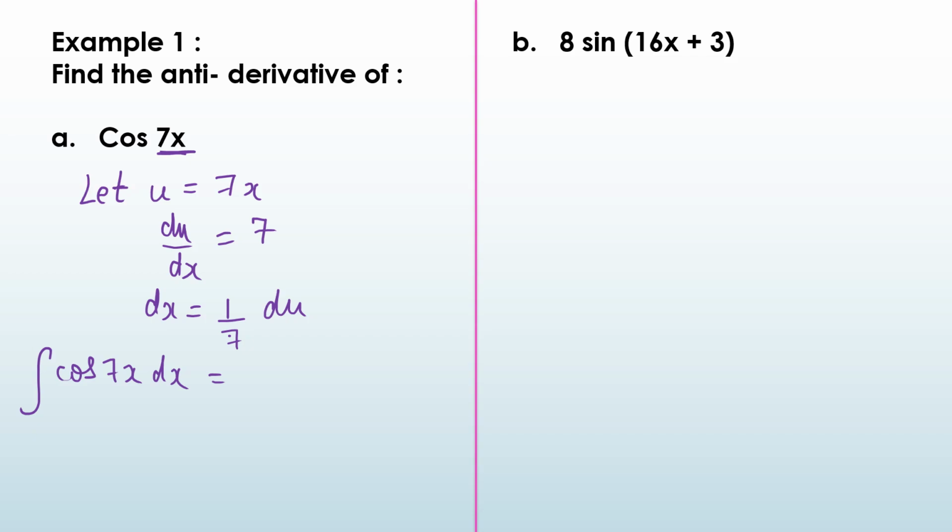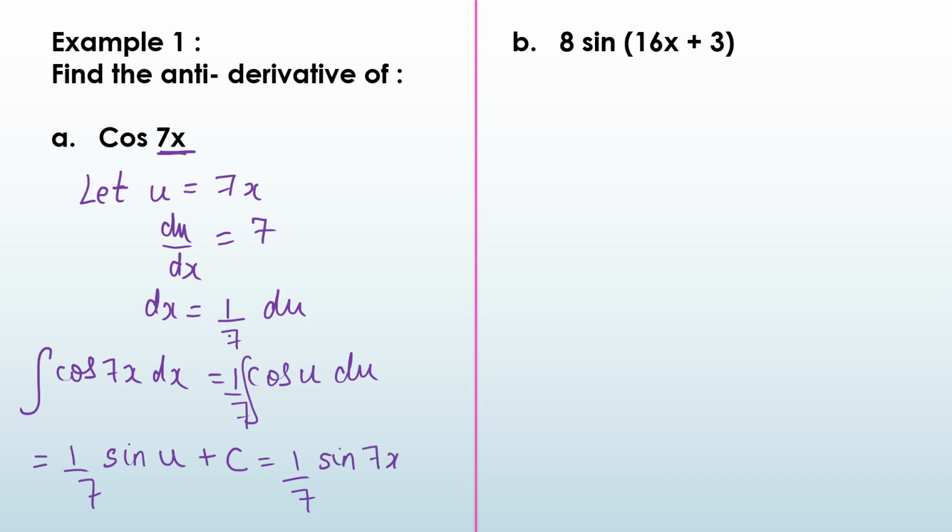That was u. So cos u, and dx was 1 over 7 du. So 1 over 7 times the integral of cos, which is sine. So sine u plus c, or I can rewrite that as 1 over 7 sine 7x plus c.